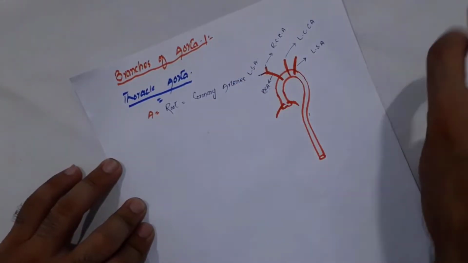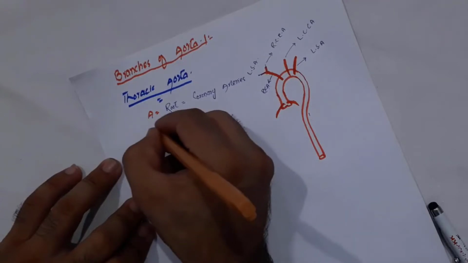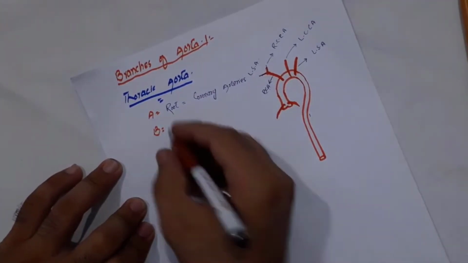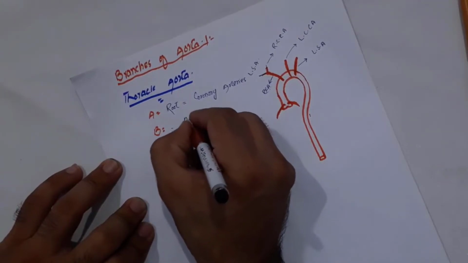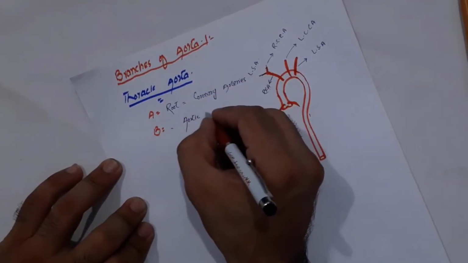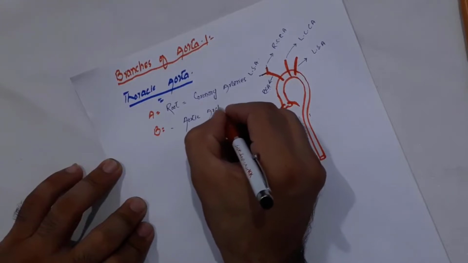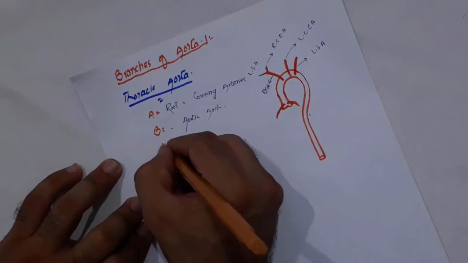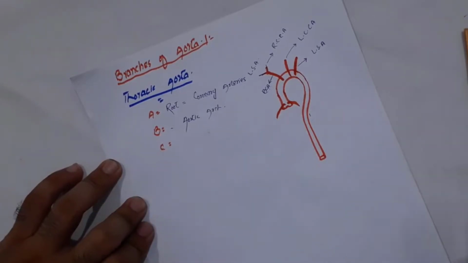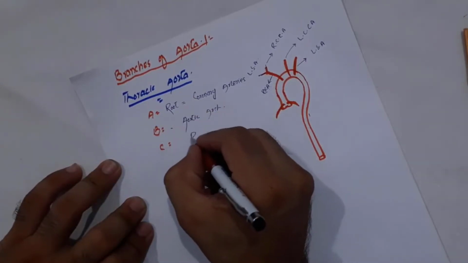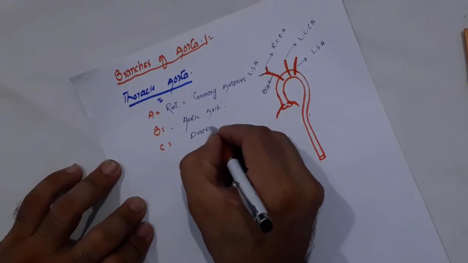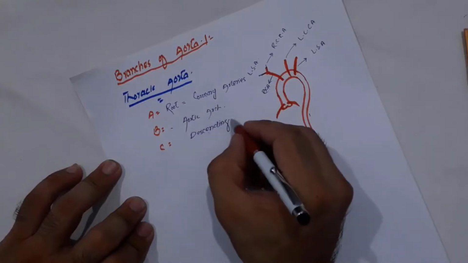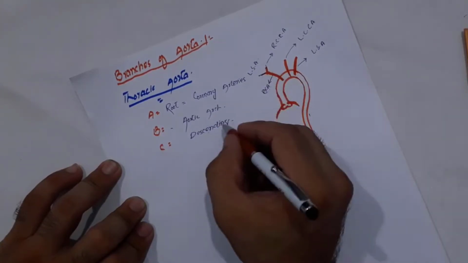Then the second part is the B part, the aortic arch, and it gives off about three branches. Then the third part that gives off branches is the descending aorta, and this descending aorta will give many branches. We will discuss them in a separate lecture.